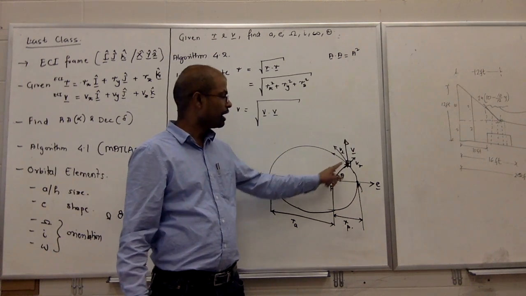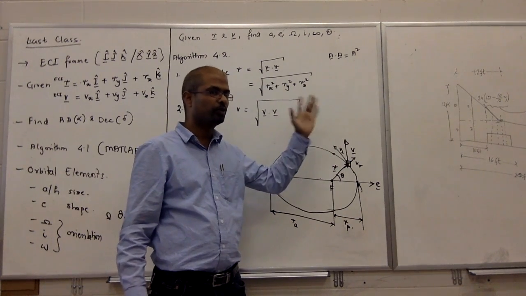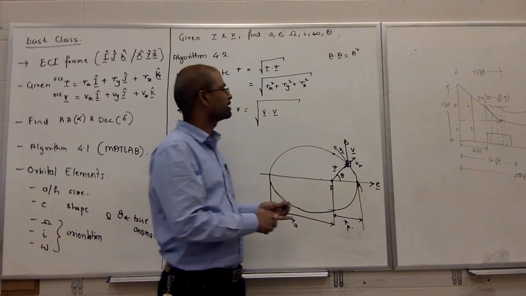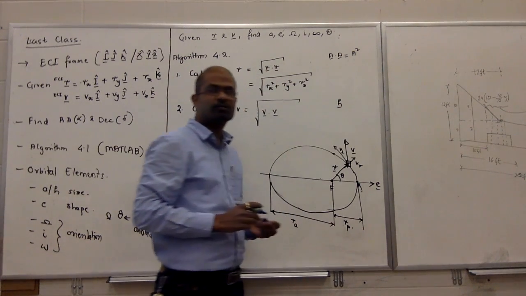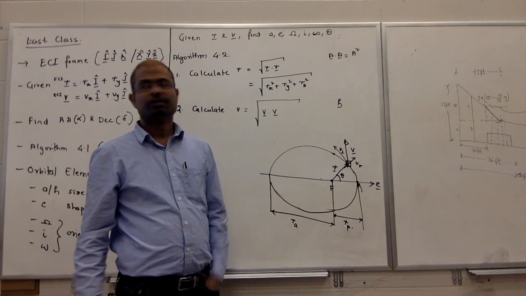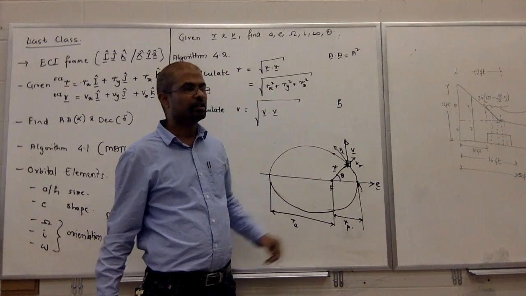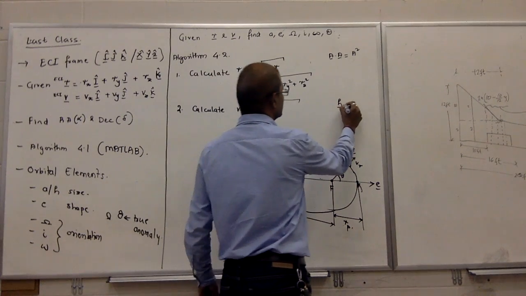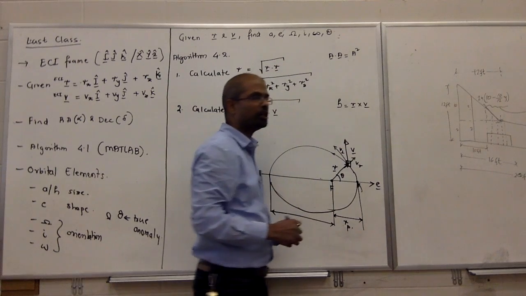So these two have to be in the plane of the board. The reason is, what is the direction of H? It's coming out. H is, by definition, R cross V, right?